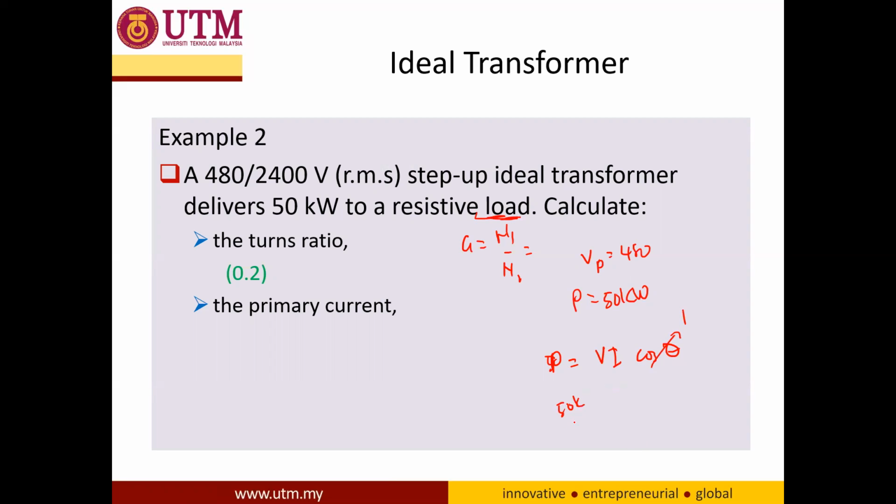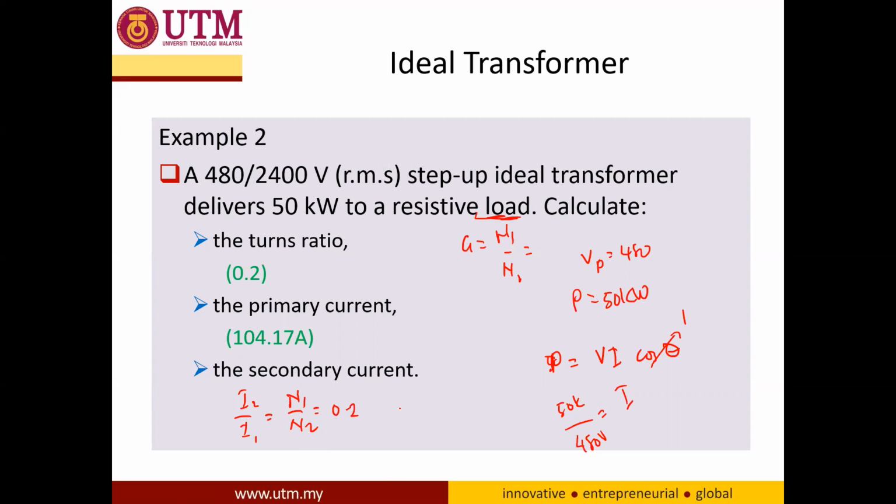So 50 kilowatts over 480 volts, you can get the primary current, which is 104.17 amperes. For the secondary current, you can use the equation I1 over I2 equals N1 over N2, which is 0.2. So I2 is 0.2 multiplied by 104.17, which is around 20.83 amperes.